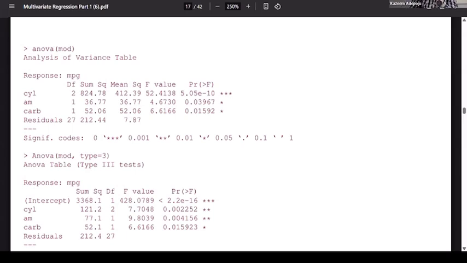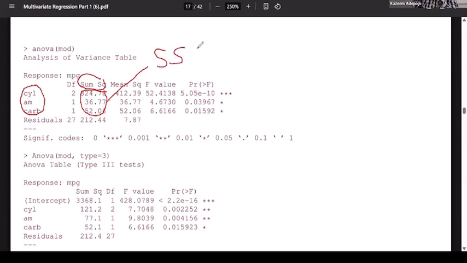If you take a look at the column here, that is the sum of squares. The factors involved, if I add all of these together, that is the sum of square regression.